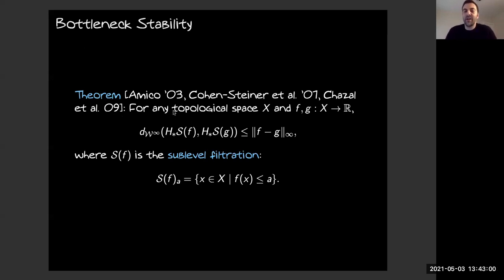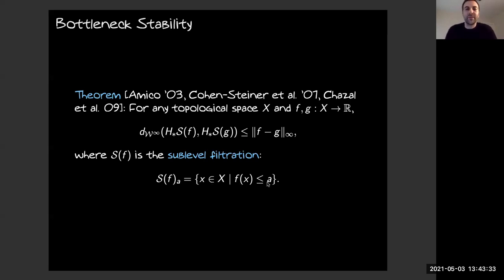It says that for any topological space X and functions f and g on X, the sup norm distance between f and g is greater than or equal to the bottleneck distance between the persistent homology modules of the sublevel filtrations of f and g. The sublevel filtration is defined like this. It's an R-indexed filtration whose value at parameter a consists of just the subset of X where the function value is less than or equal to a.